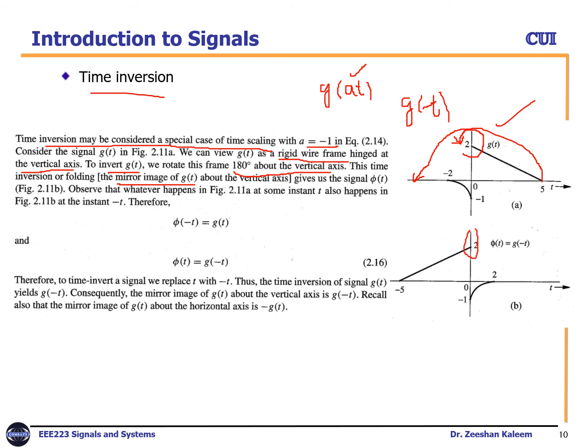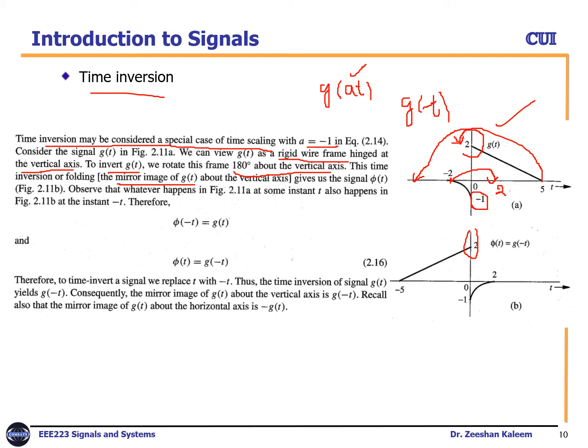So 5 moves, we pick from here and end it here, so minus 5. Similarly, in this case, our minus 1 will be fixed, so we move from here to this, this 2. So look at this to this. This is called time inversion.